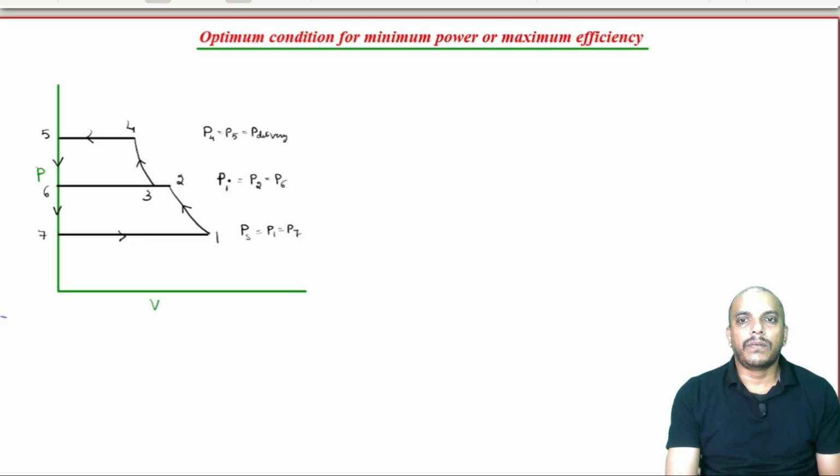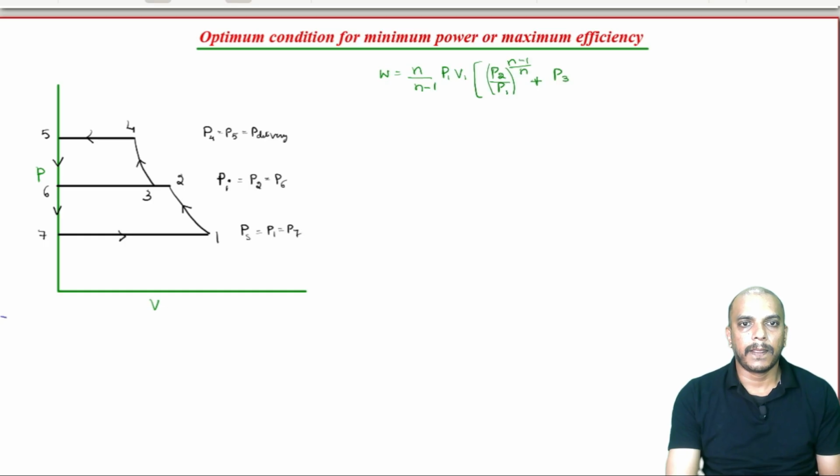Now, we are interested in deriving the optimum condition for minimum power or minimum work. So, let us start from the expression for work; for two stage compression we have taken, later we will generalize. W = n/(n-1) P1 V1 [(P2/P1)^((n-1)/n) + (P3/P2)^((n-1)/n) - 2].